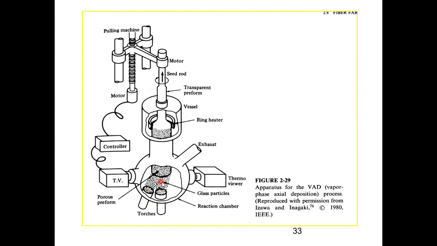So that's why this dot dot is nothing but my soot formation. So this soot formation is taking place in this way, and SiCl4 plus O2 is giving me SiO2 plus these chloride gases. So for exhausting these chloride gases, I have this exhaust. And then all these controllers are there, which is right now not important.